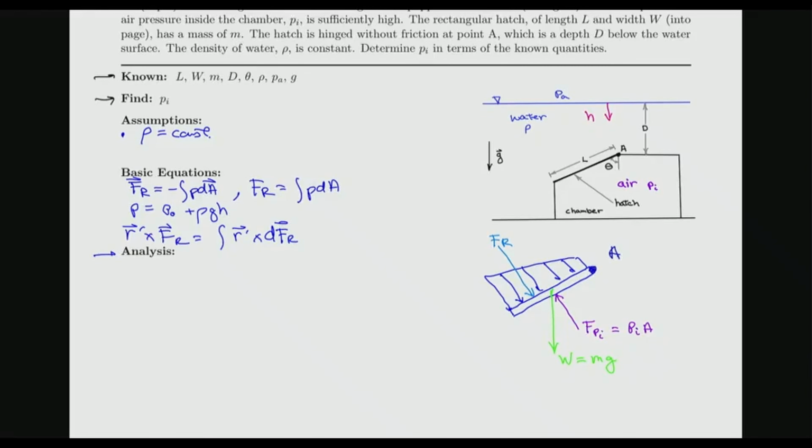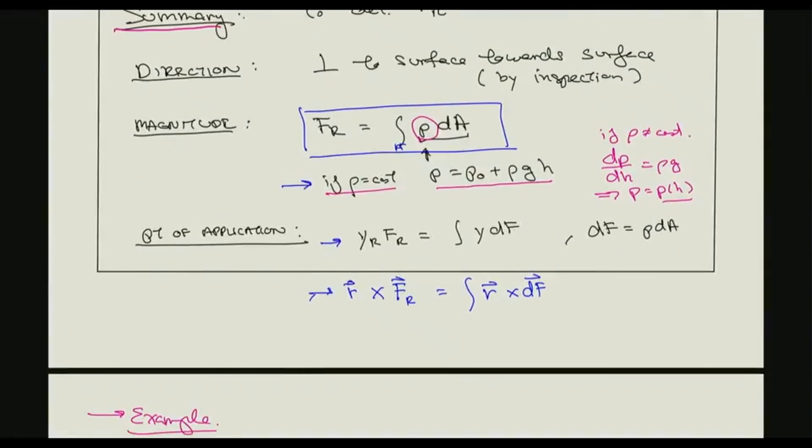So the resultant force times the point of application. This is the distributed force, the differential, and then the moment caused by the differential force integrated over the entire area would be the moment caused by the distributed force.